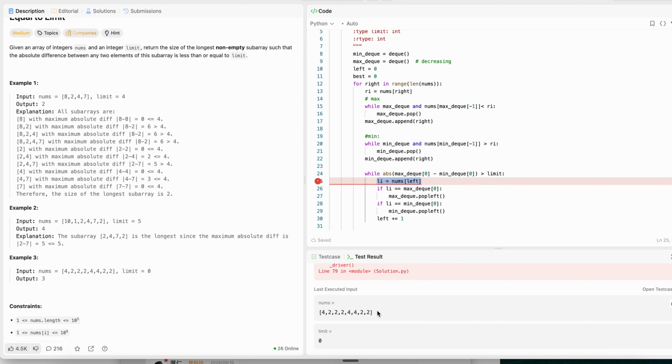I think I'm going to quickly trace what is happening here. I want to make sure that the way we get the absolute value is alright.